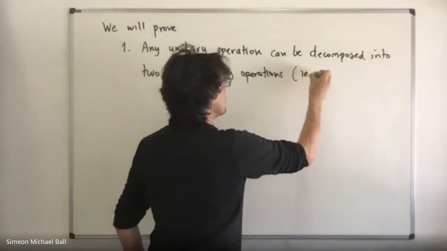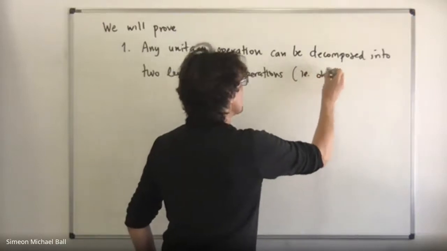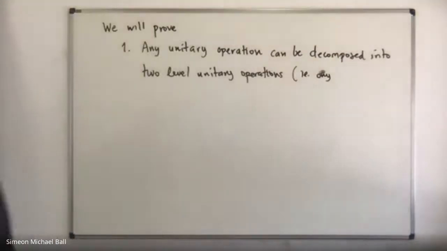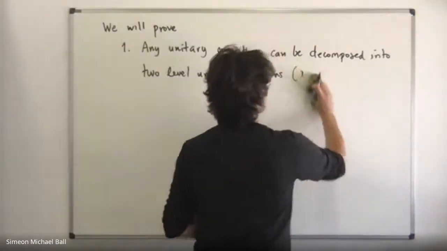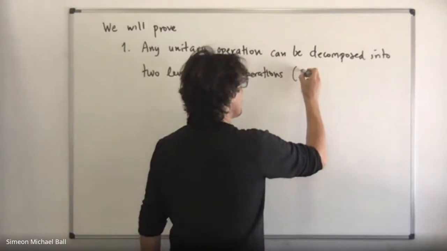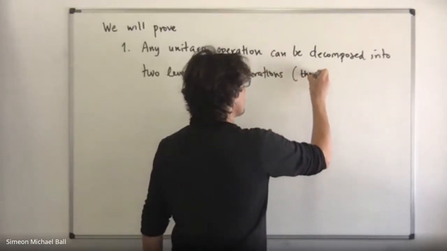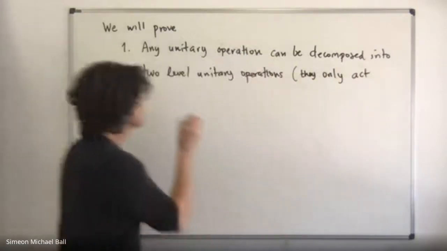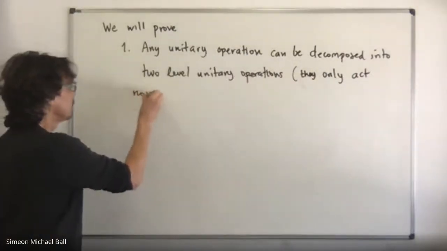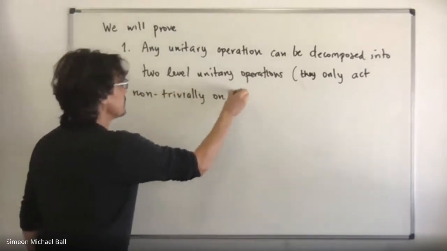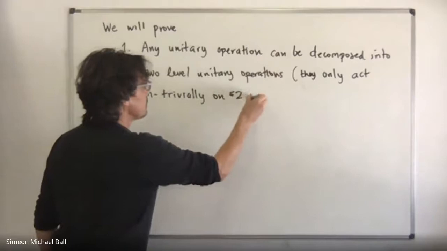They only act. By two-level unitary operations, I mean they only act non-trivially on two coordinates, or at most two coordinates.